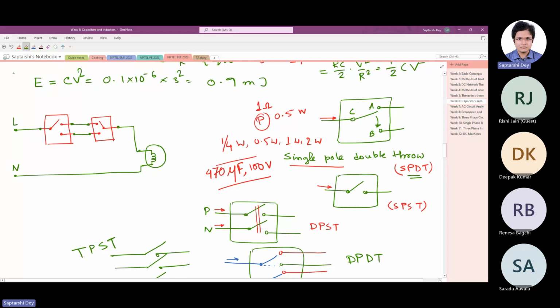Now, say I call this switch S1 and this switch S2, maybe S1 is present at the ground floor and S2 is present, say, at the first floor.